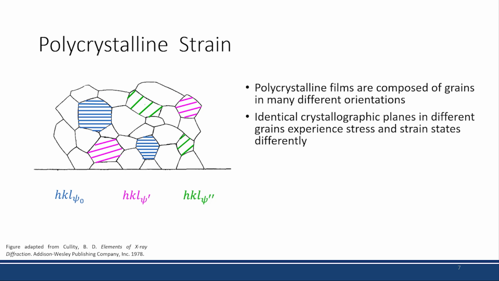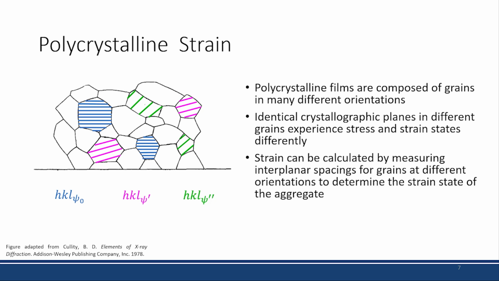And because they're turned in different orientations, they experience that internal stress within the film differently. So for XRD calculations, the way we calculate strain is by measuring interplanar spacings at a bunch of different orientations and then using the change in those spacings to calculate the overall strain state on the aggregate of this entire piece.